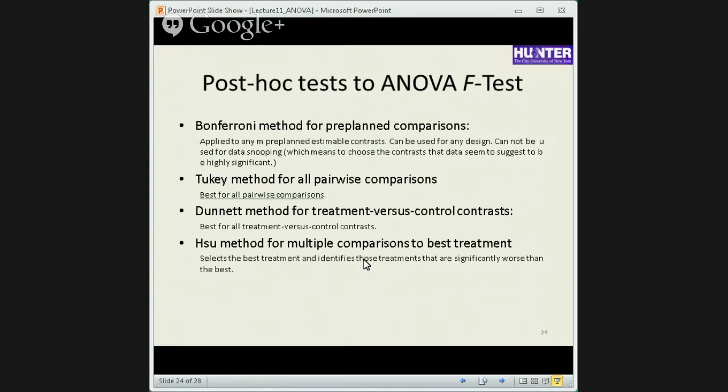So if you take the group that has the highest mean and then you want to compare everything else to that, then this is the best method for doing that. There are tons of these methods. I think it's unlikely that you're going to need to know more than this. These are fairly generally useful.